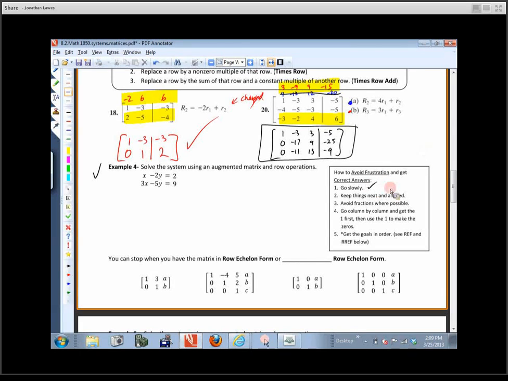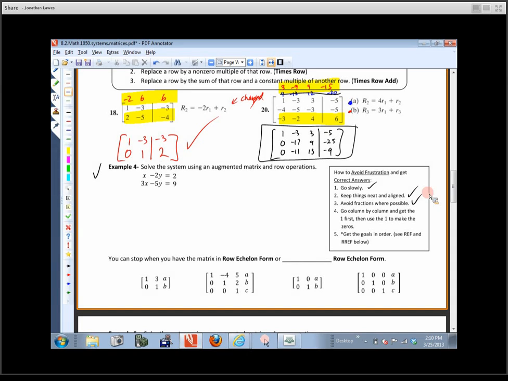First thing is go slow. Make sure at every step you haven't made a silly multiplication error, like multiplying 2 negatives and getting a negative. Keep things neat and aligned. Make sure there's the same amount of space in between each column, whether they're positive or negative. Avoid fractions where possible.